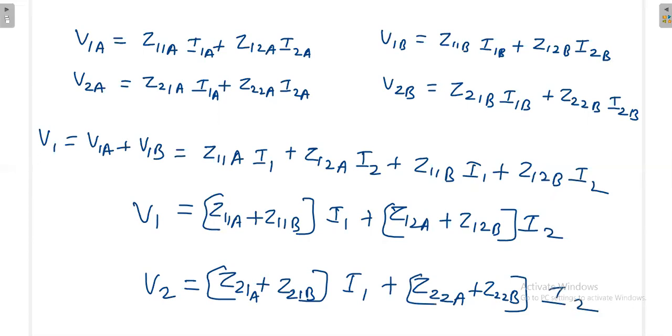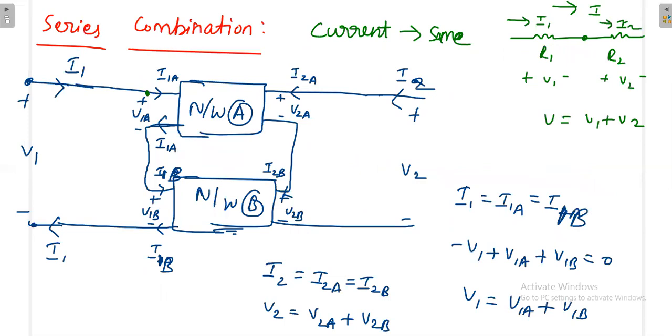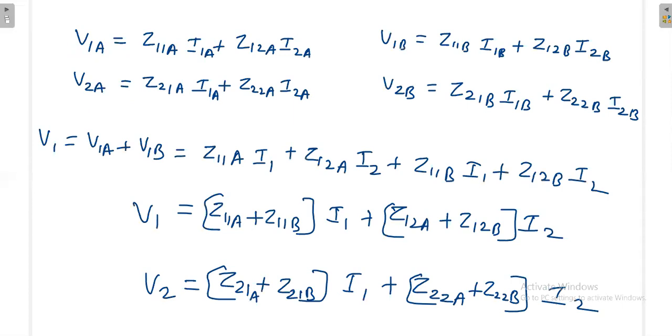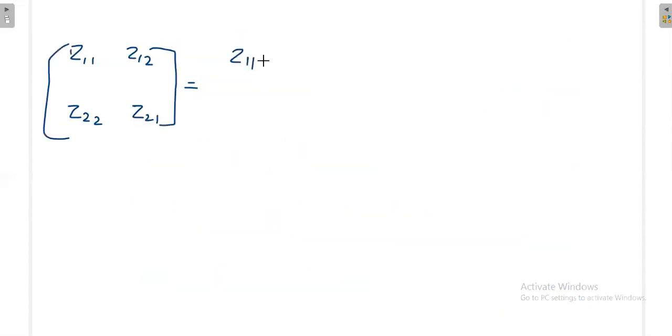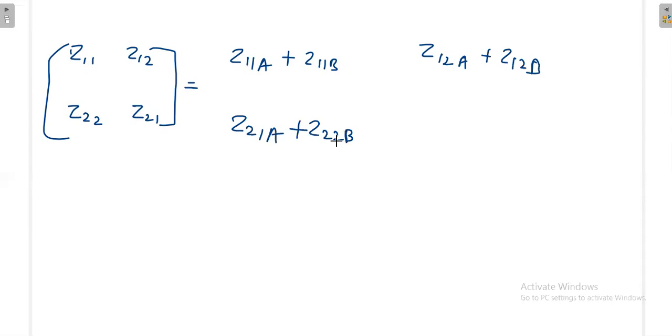The overall Z parameter, Z11, Z12, Z21, Z22, is equal to Z11A plus Z11B, Z12A plus Z12B, Z21A plus Z21B, Z22A plus Z22B.